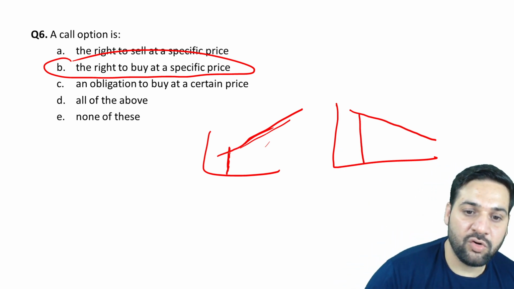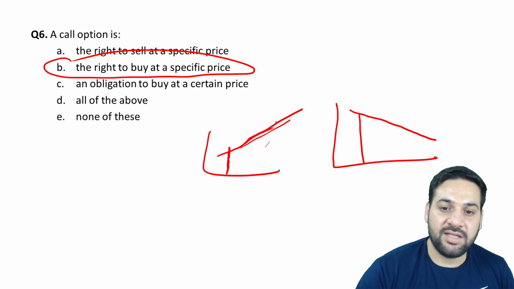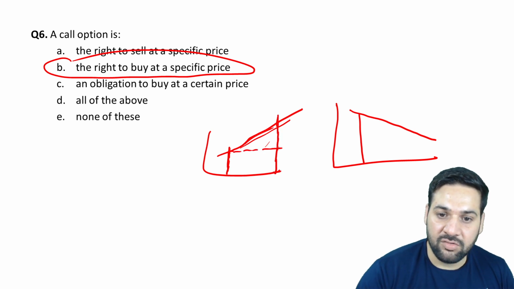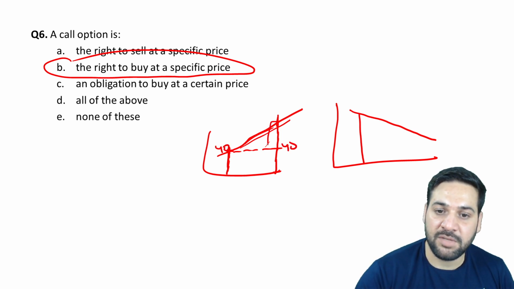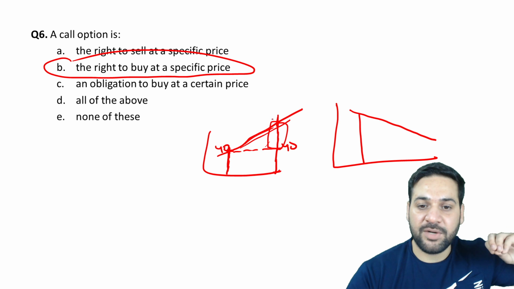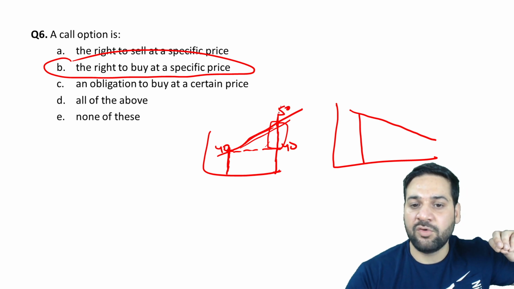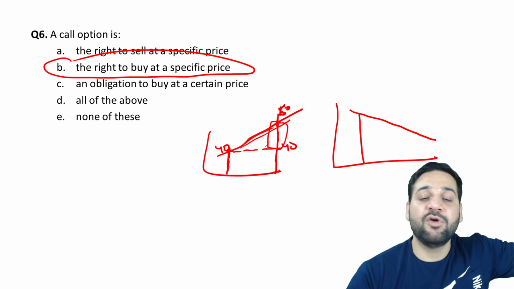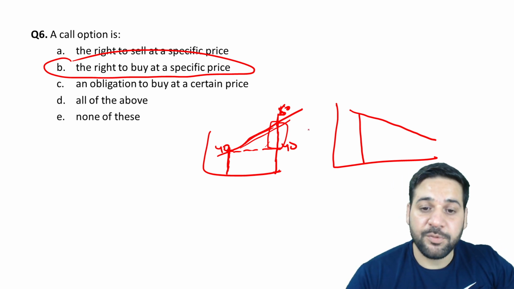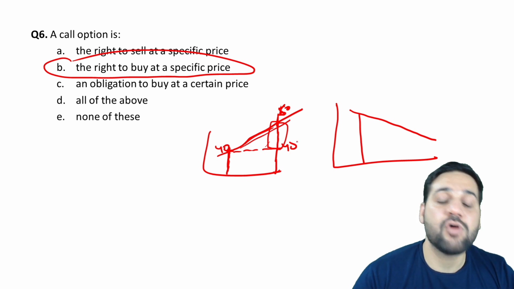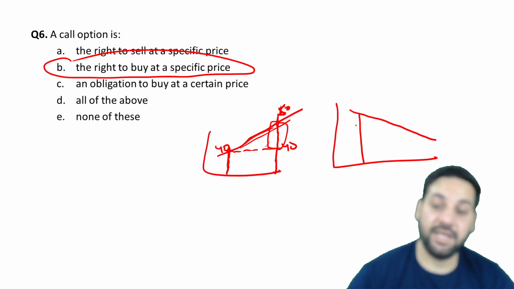At this point of time, I would buy the security at this price. Let's say it's 40. I would buy at 40, and this is the money I would make. You assume that the price would go to 50, 60, whatever, and I would make 20 rupees. So that is a call option.